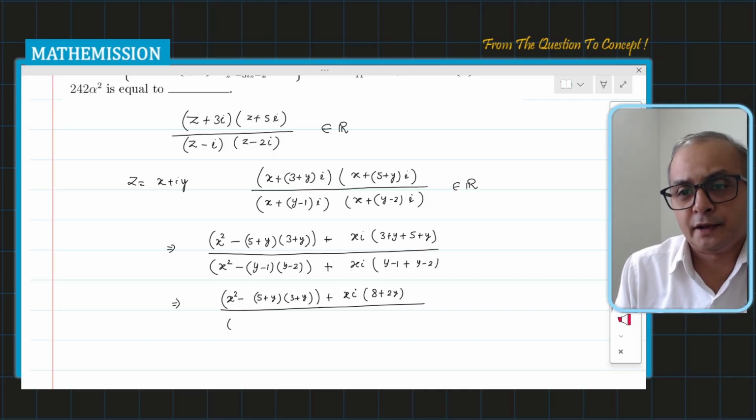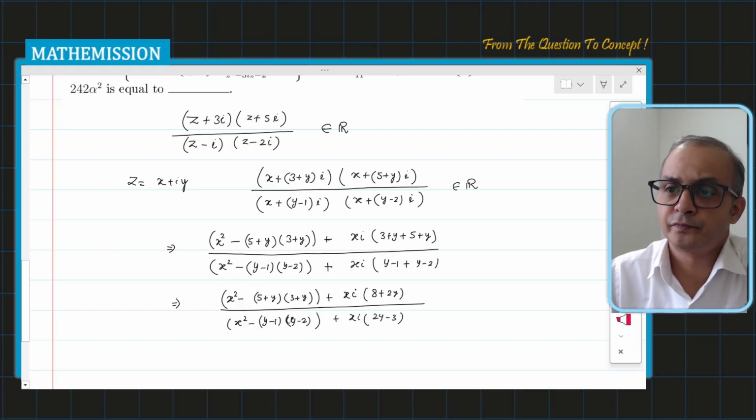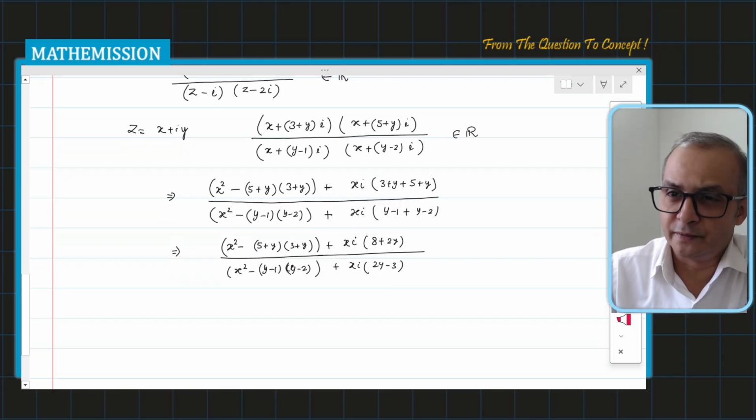And here again x squared minus (y minus 1)(y minus 2), and this is xi times (2y minus 3).